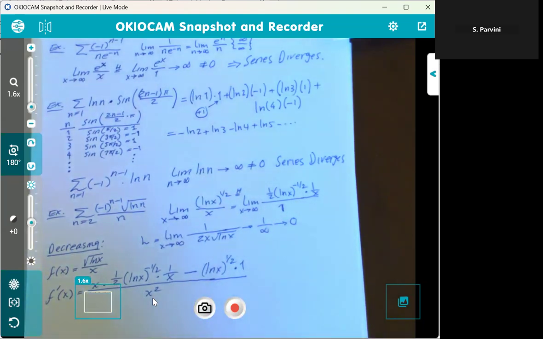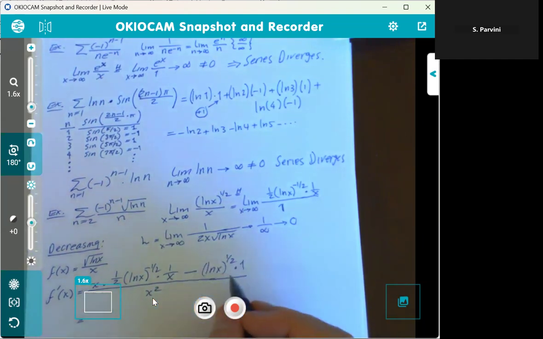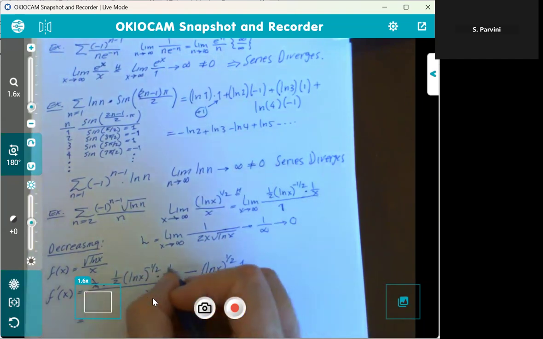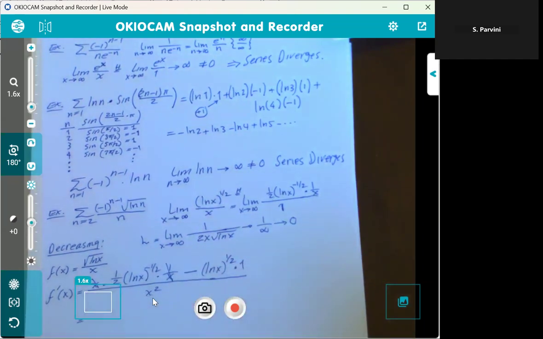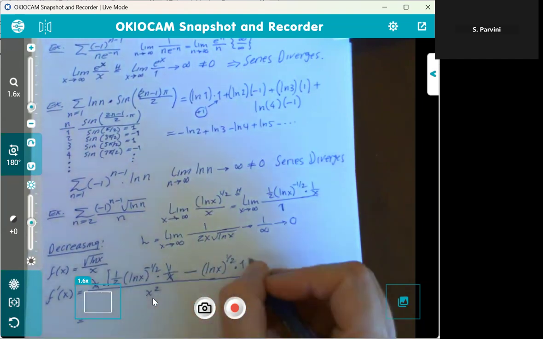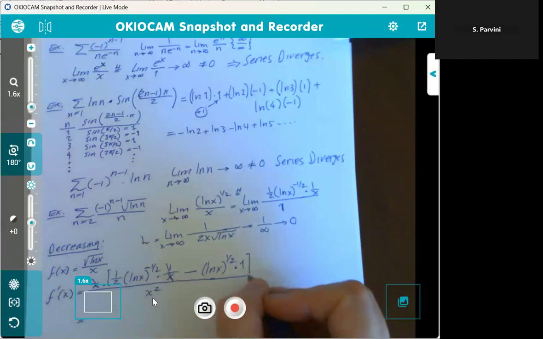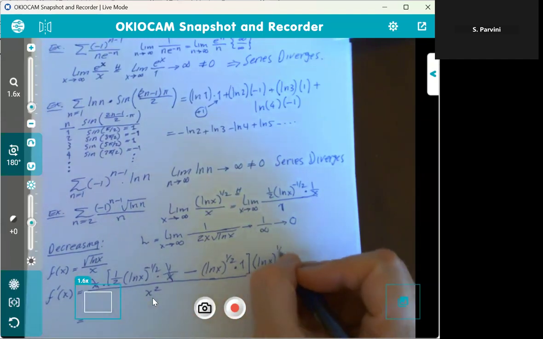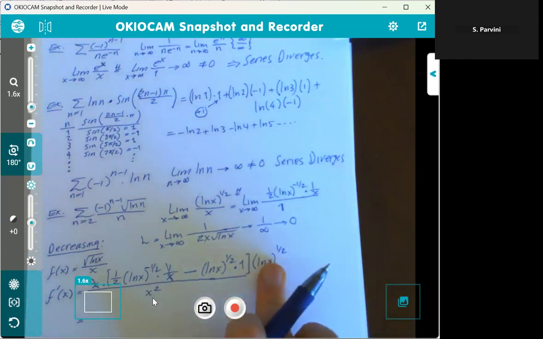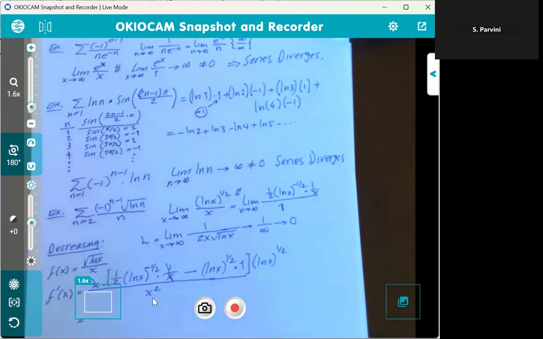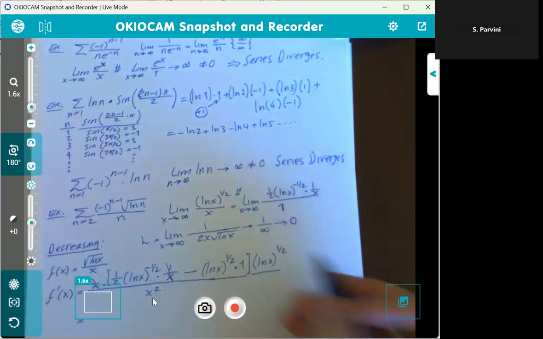Okay, now let's tidy up this work. See what can we do here. x and 1 over x, that's good, that goes away. I see ln of x to -1/2, so I can multiply the top and the bottom of this fraction by ln of x to 1/2, so that ln of x times ln of x to negative 1/2 becomes ln of x to 0, and that's just 1.